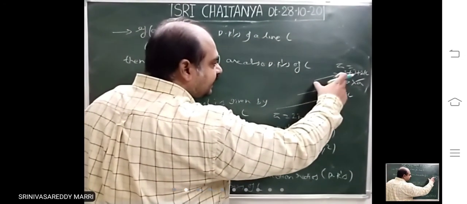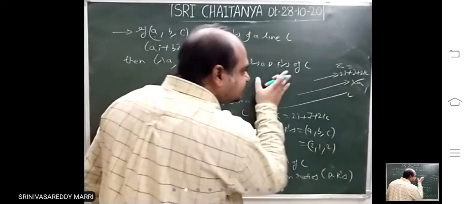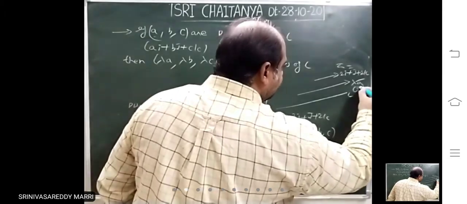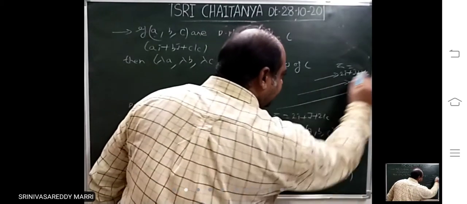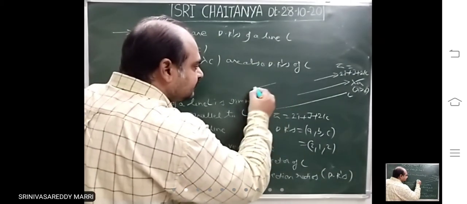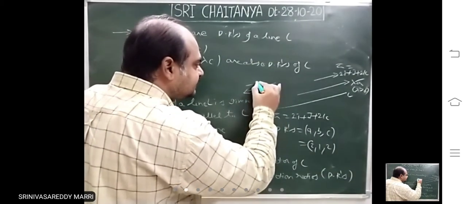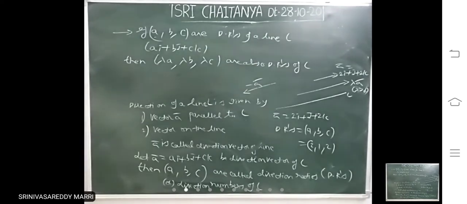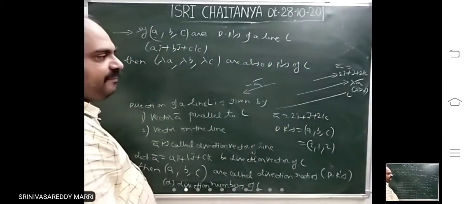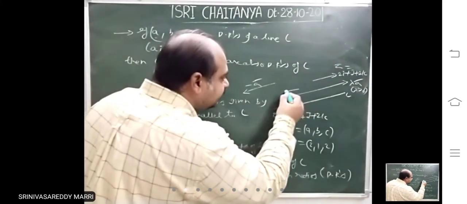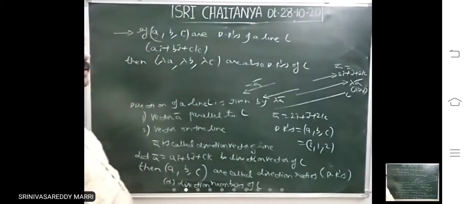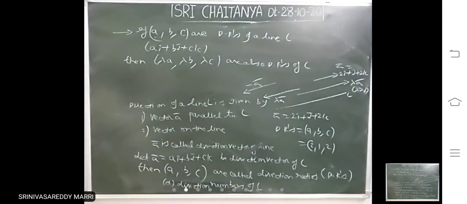If this is the vector that shows the direction, then lambda A bar, lambda greater than 0, same direction, will also show the direction. If this shows another direction, this is minus A bar, then any vector in this direction, lambda A bar, will also show the direction of the line.